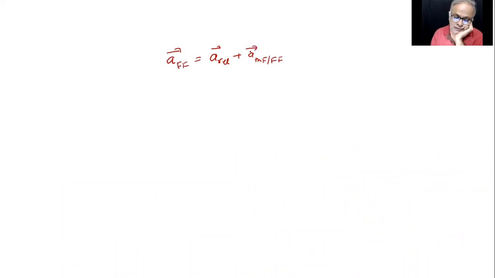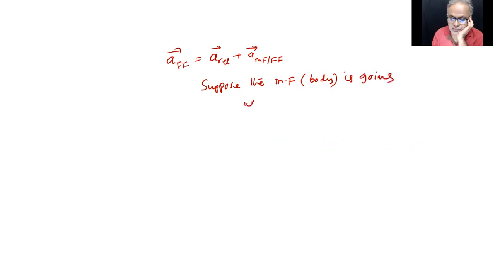Suppose the moving frame, or the moving body to which a reference frame is fixed, is going with a constant velocity.